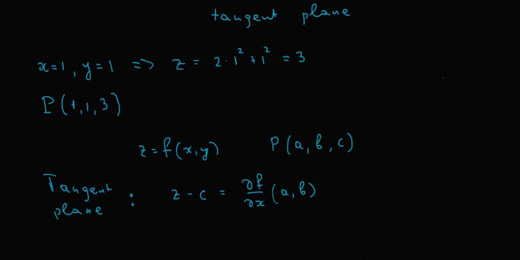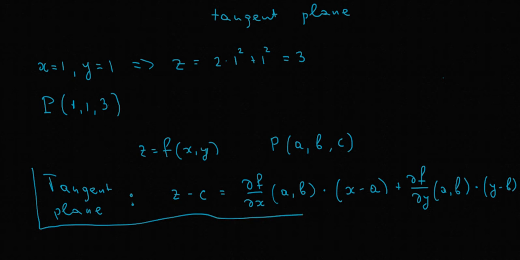So this will be a number, kind of like a slope in the x direction, multiplied by x minus a, and then plus the partial derivative of f with respect to y, again evaluated at our point (a, b), and then multiplied by y minus b. And that is the equation of our tangent plane.